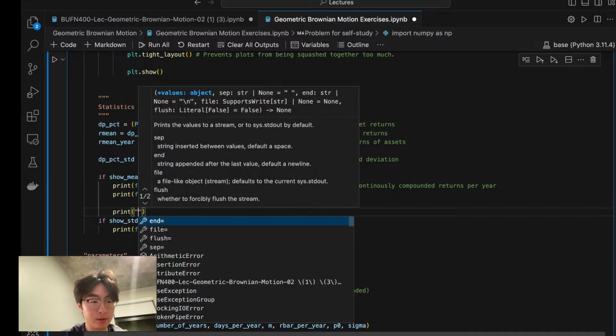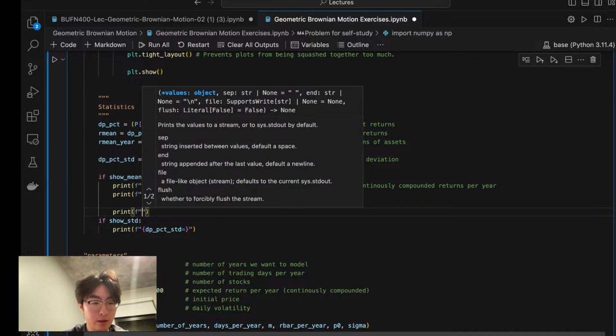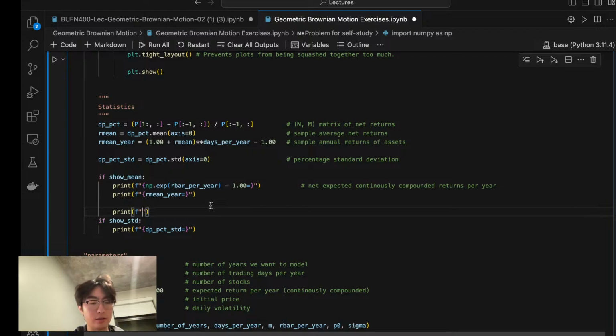So print, call this, and I'll do an F string here, so difference between theoretical and sample means.